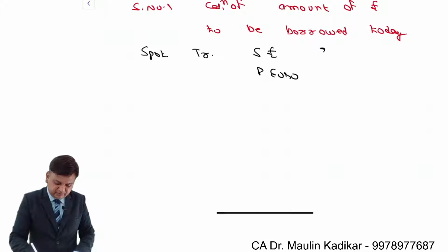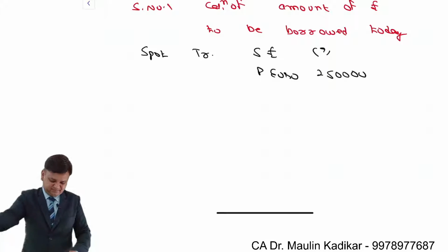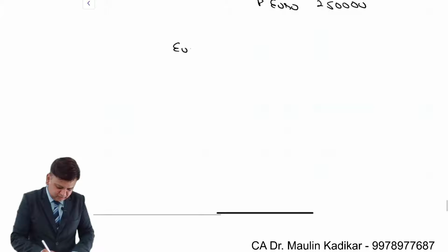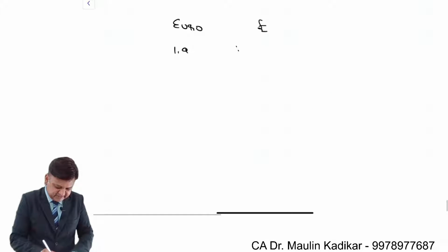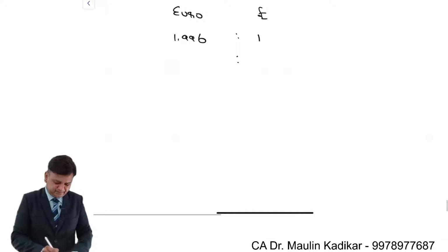So this is the amount of the pound to be sold for purchasing 2,50,000 euro. So the exchange rate is euro per pound 1.996, less amount of euro for every 1 pound.